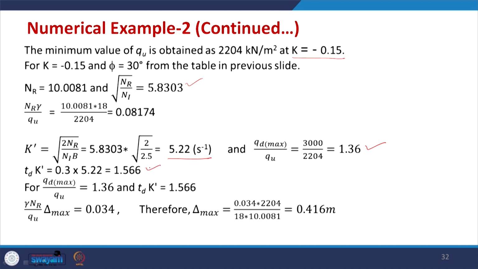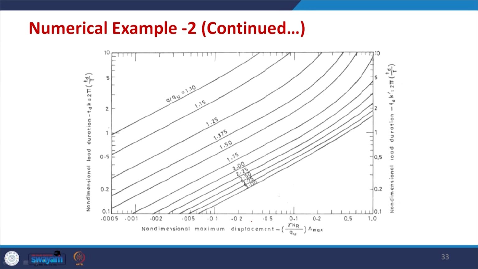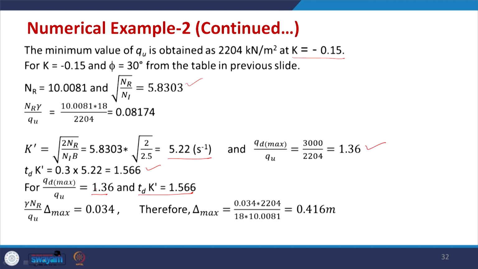Now, for this given data, for this ratio of 1.36 and TDK 1.566, we can find the value of delta max, and for this delta max we need to use the chart which is given by this Wallace. So, this chart, what we do here, this ratio is 1.36.